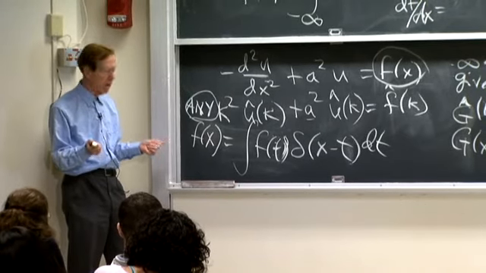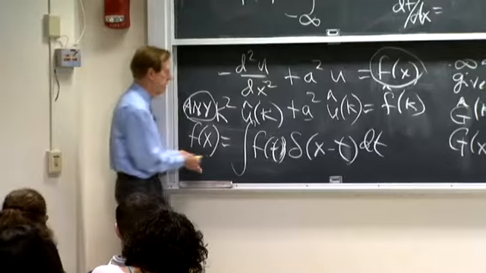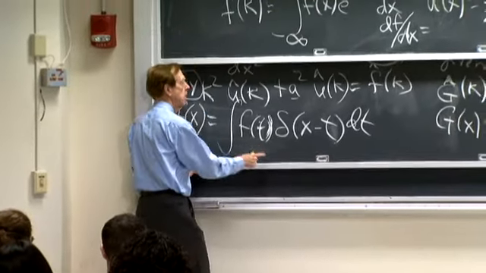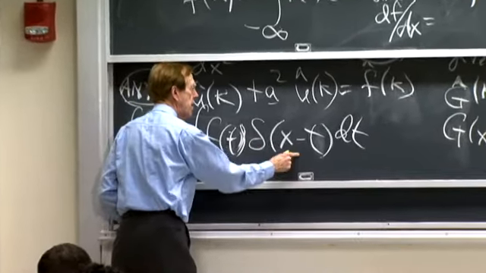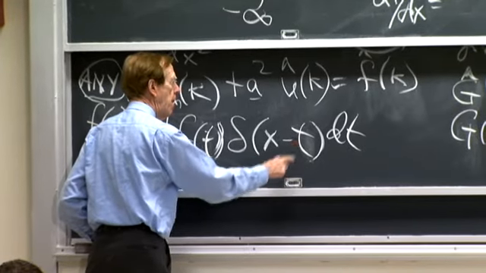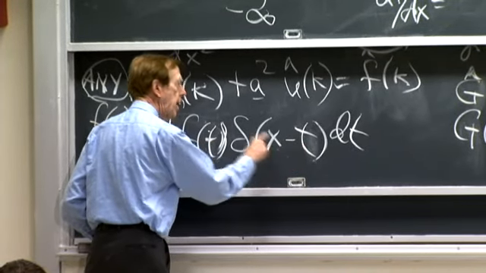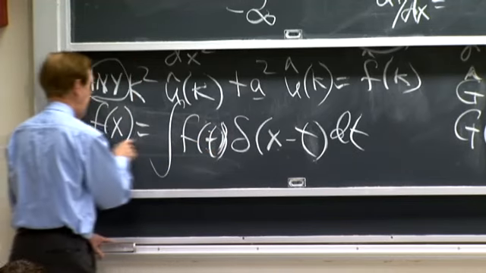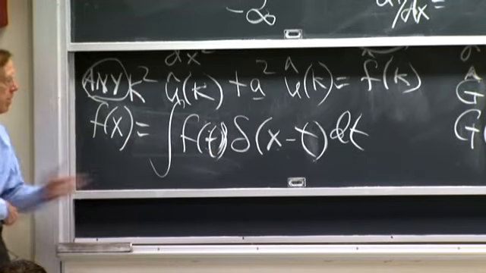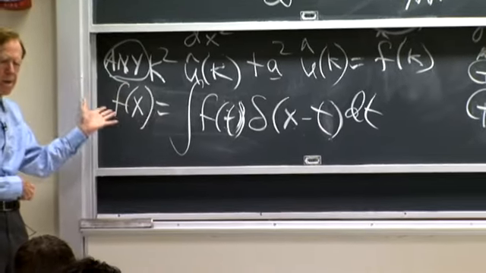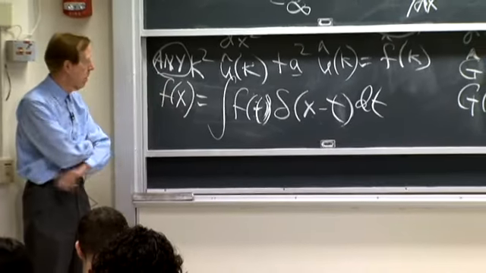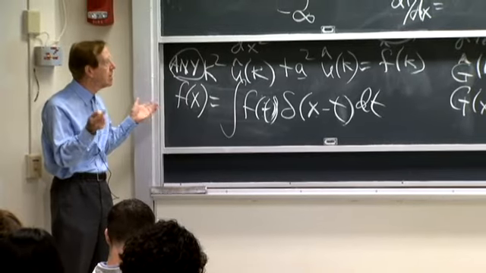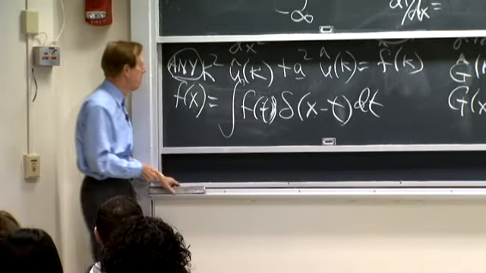Everybody knows that if I integrate something times a delta function, I plug in at the point t equal x, where the spike happens, and I get f of x. So that's an identity, or whatever you would like to call it. And now just tell me the final answer.